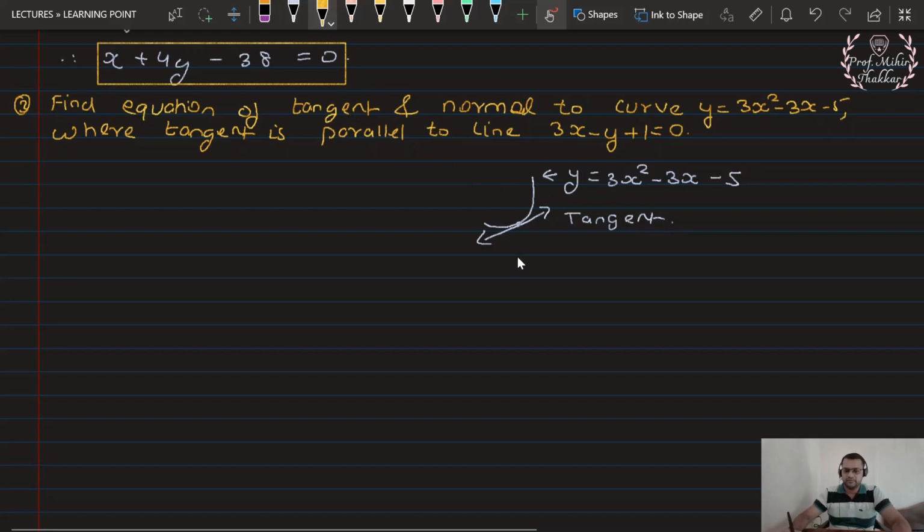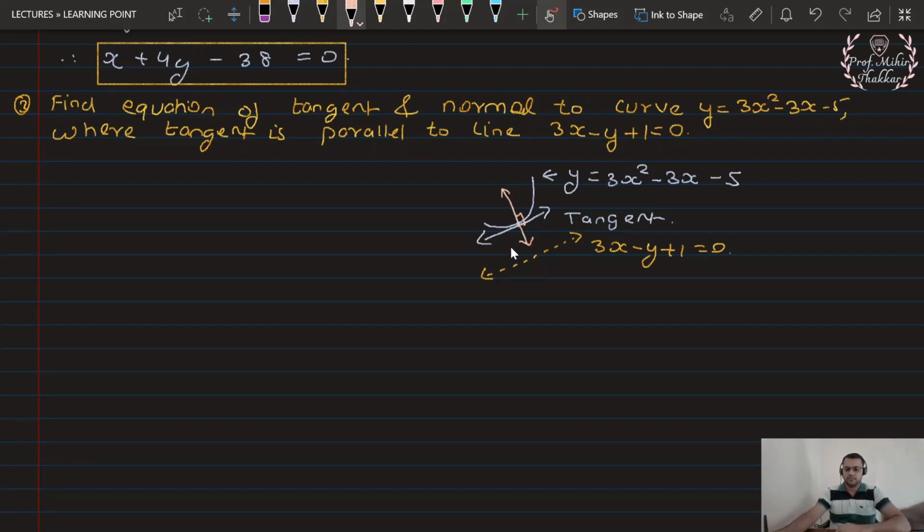There is a line which is parallel to the tangent, let's say like this, whose equation is given to us as 3x minus y plus 1 is equal to 0, and the normal as usual is perpendicular to the tangent.